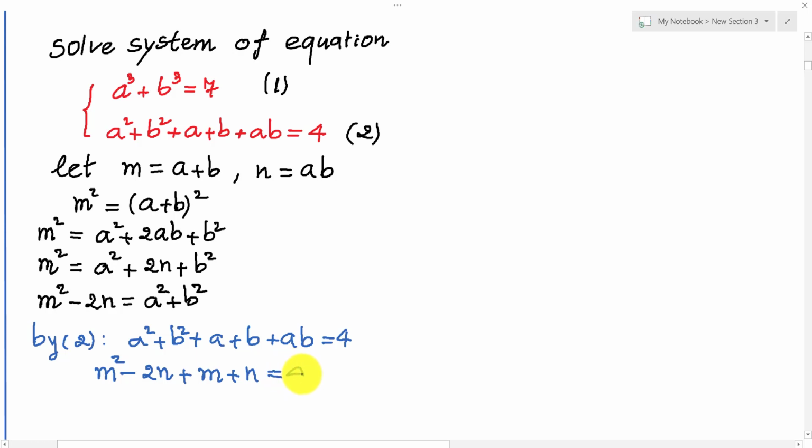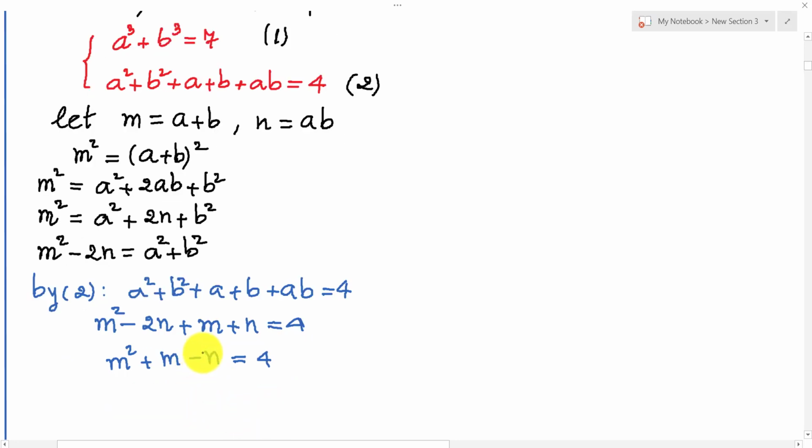I get m^2 - 2n + m + n = 4, so m^2 + m - n = 4. Moving -n to the right side and 4 to the left side, I get m^2 + m - 4 = n.